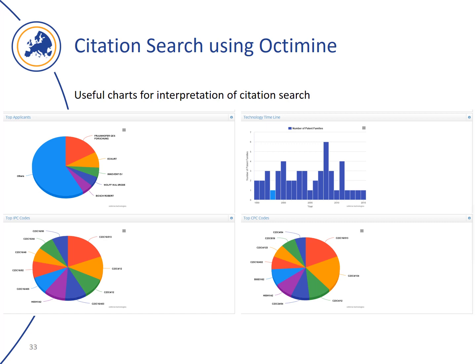Here you have a depiction of the top IPC codes, so you see which specific subclasses are relevant here, and on the other hand, here you have the same thing for the CPC codes.